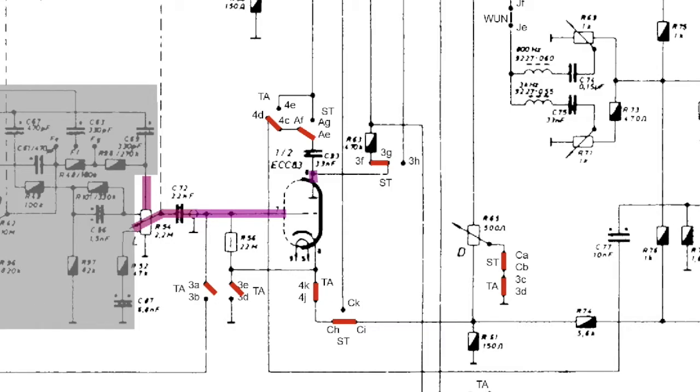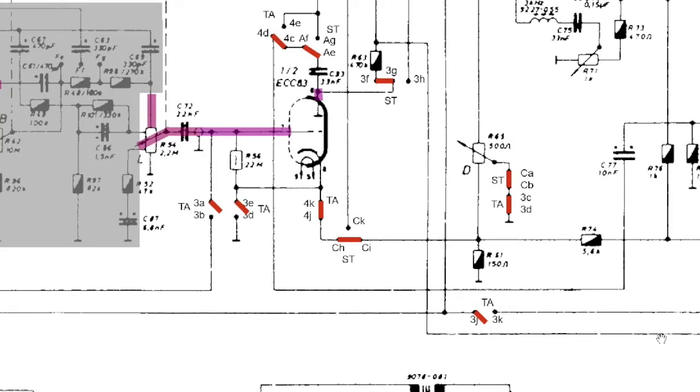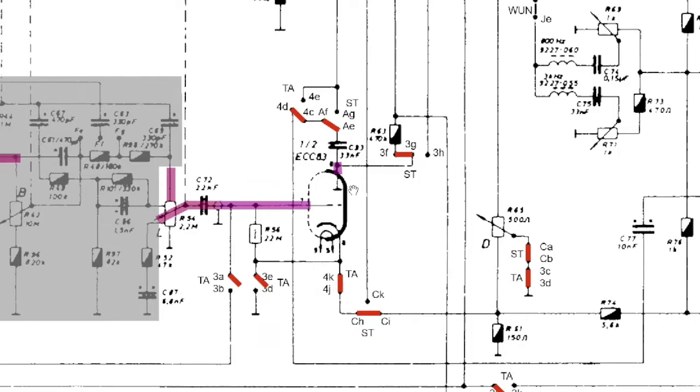That resistor is interesting in that it's 470K and it's connected to this point, which is actually B+. If you follow it down here, it goes to this line, which goes to the B+ line, one of the B pluses. So we've got B+ coming in here, up there, across there, through that resistor and to the anode. What we have now is a typical triode amplification stage.